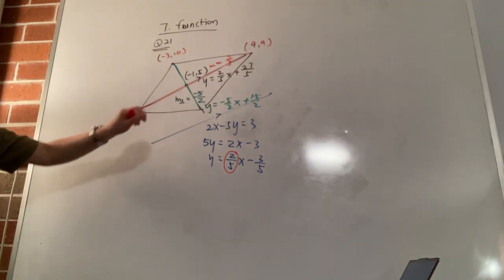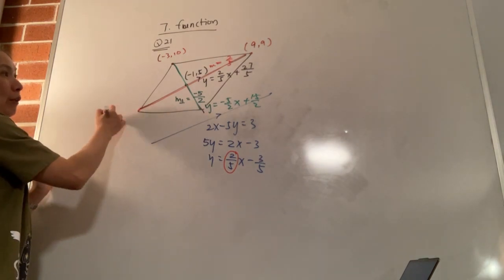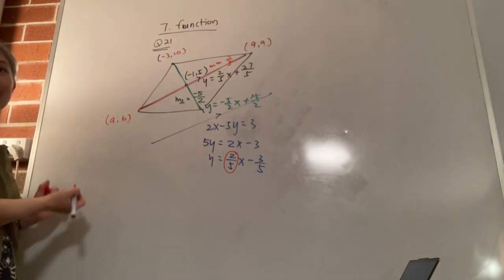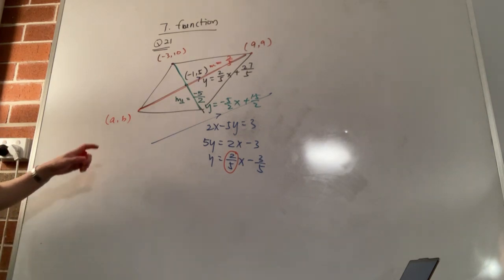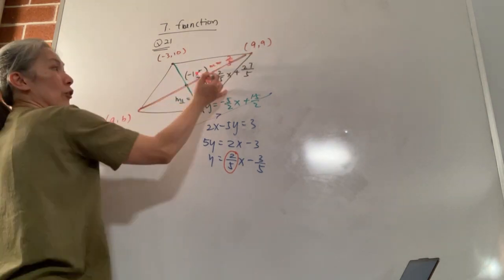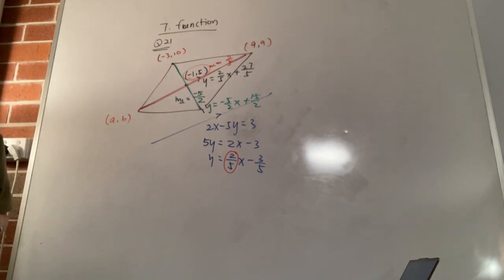Since you know the midpoint, you can call this unknown point something, I can call it (a, b). Then you use your midpoint formula on these two, and it should equal that one. That's your midpoint. Then you should be able to work it out.